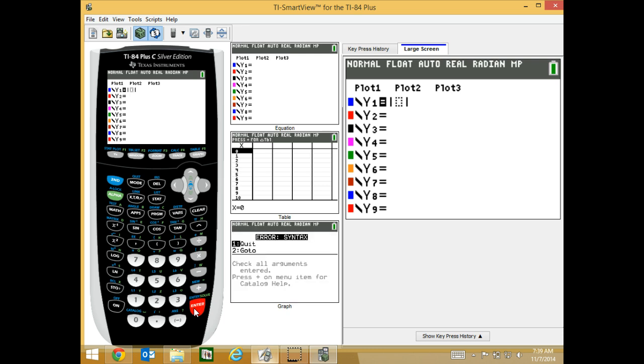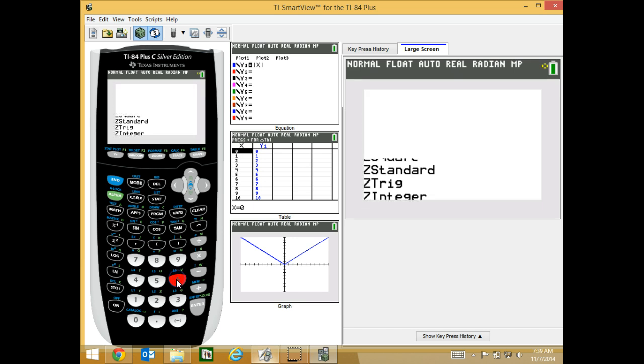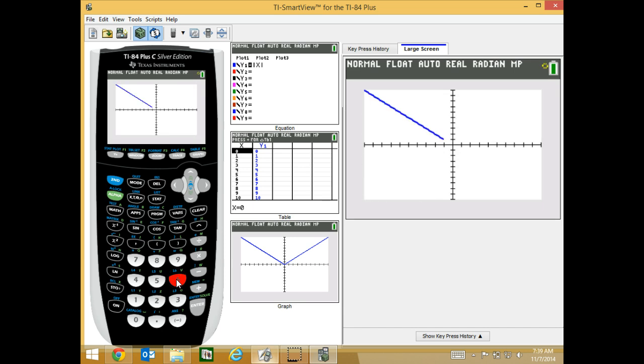So we're just going to look at the absolute value of x, and we are going to graph that absolute value function on the standard window. So the standard window is zoom 6, and that's what the absolute value function looks like.